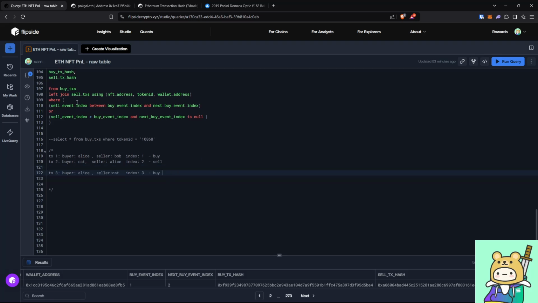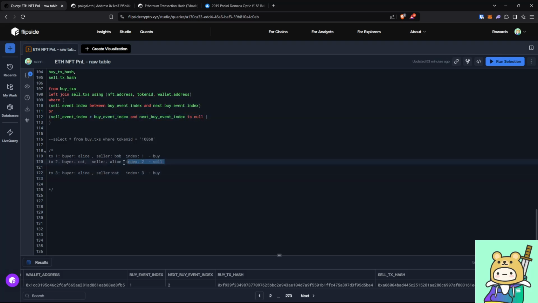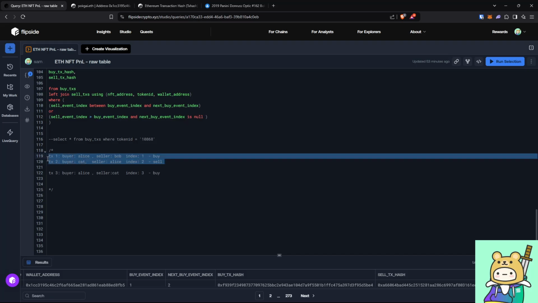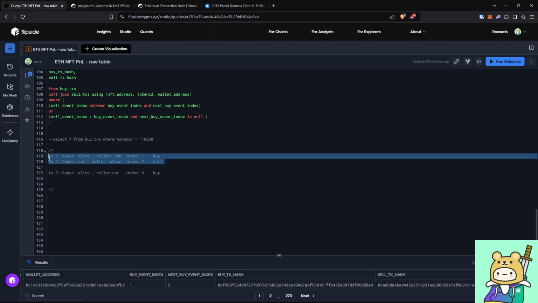So this combination of filters ensures that we join the appropriate sell to the appropriate buy, right? Ensures that it is exactly the immediate transactions after one another.